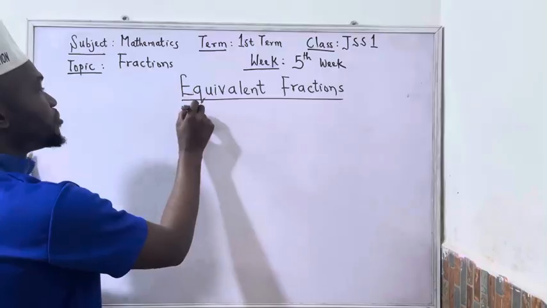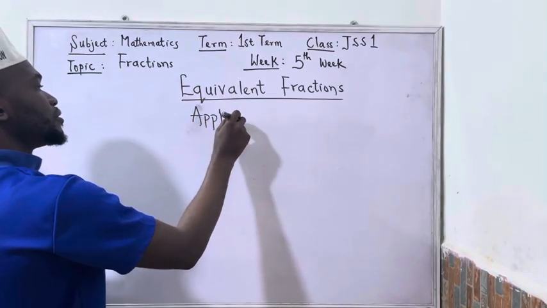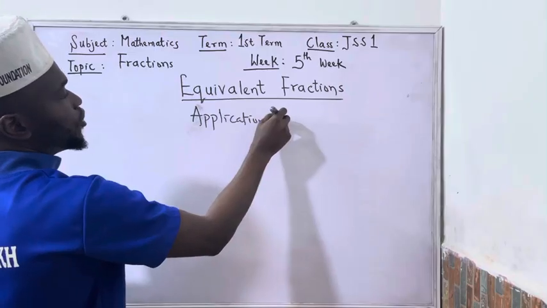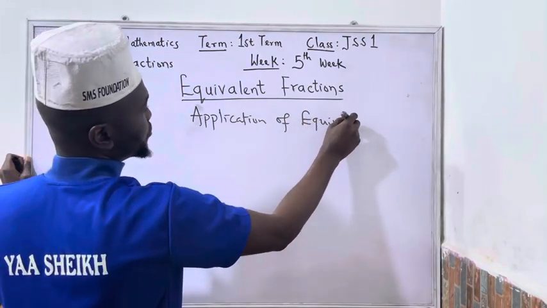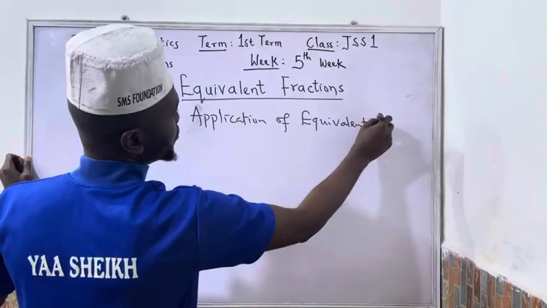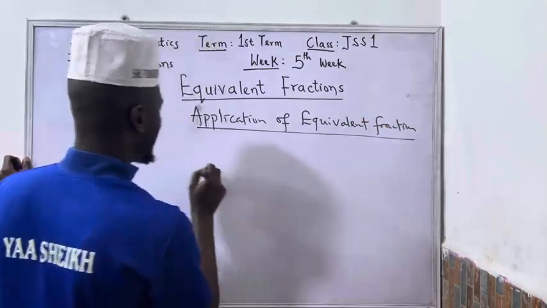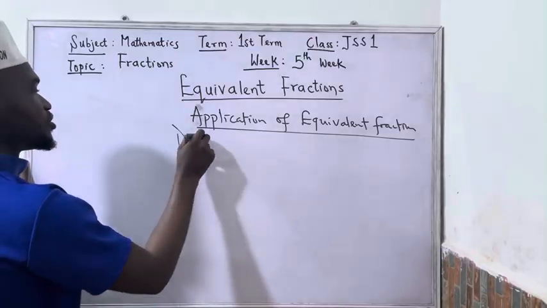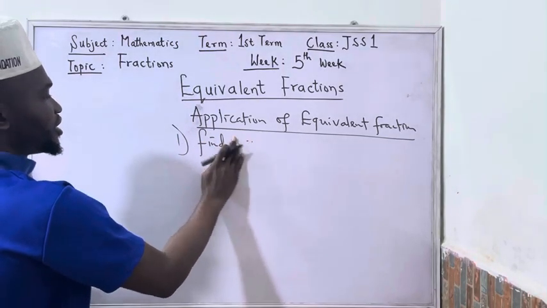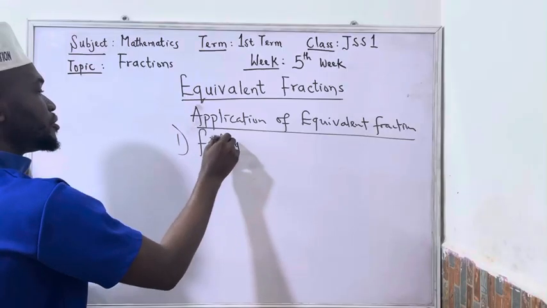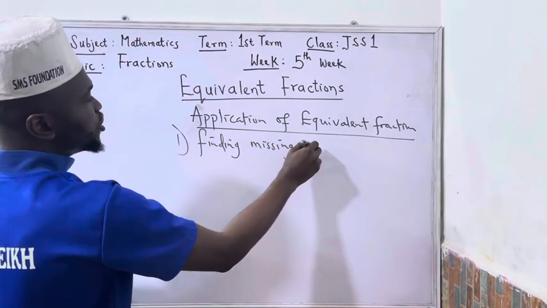So number one, we can use equivalent fraction for finding missing numbers.